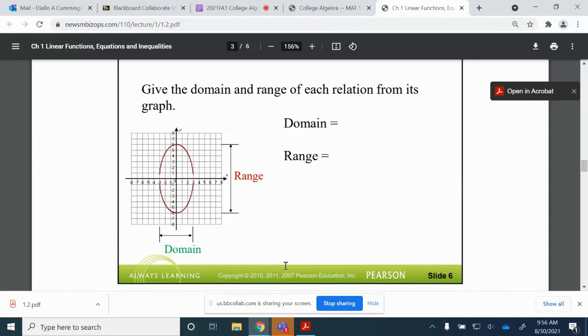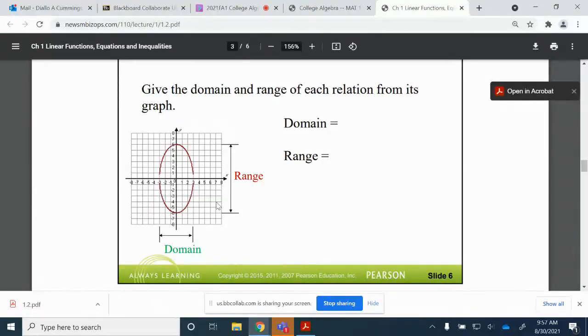Then you'll have to determine if a graph is a function. You also have to be able to determine if an equation itself is a function. And so we're going to be looking at it as relations, graphs, and equations.